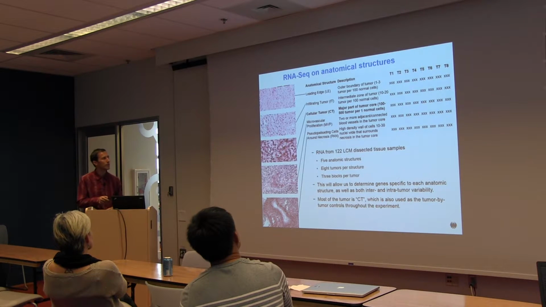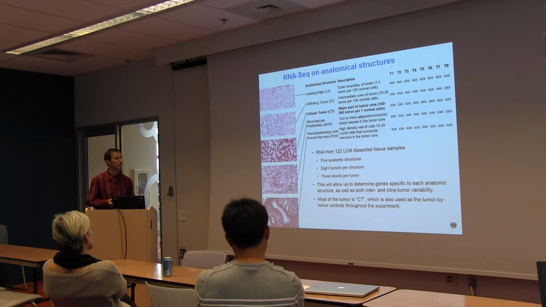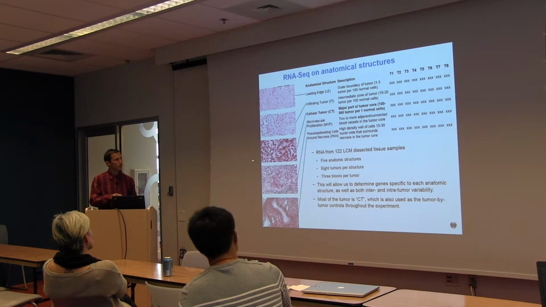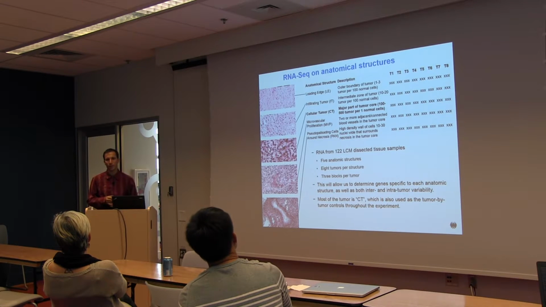Infiltrating tumor is basically an intermediate zone of the tumor where it's 10 to 20 tumor cells per 100 normal cells. The main part of the tumor is the cellular tumor, which is almost entirely tumor cells. We also use this as a control for a lot of the data in both parts of the RNA sequencing data sets.